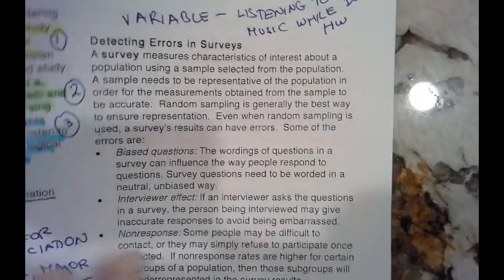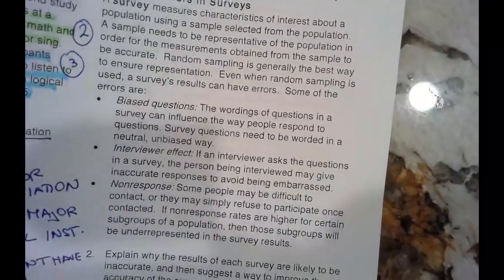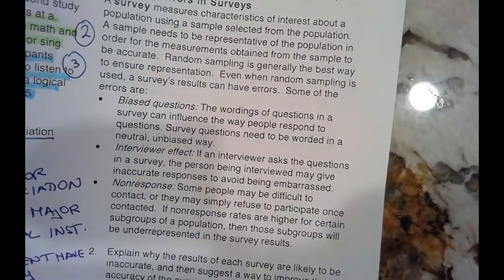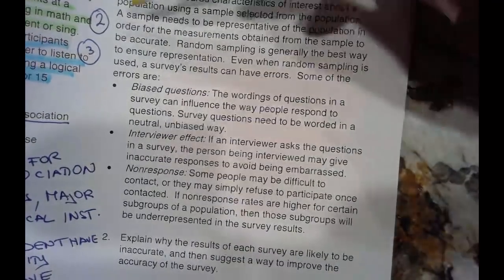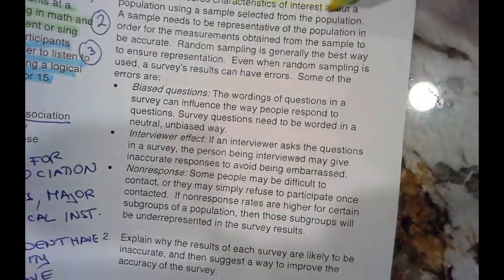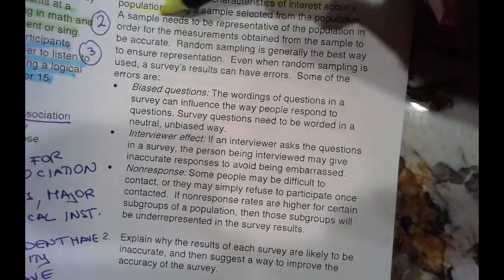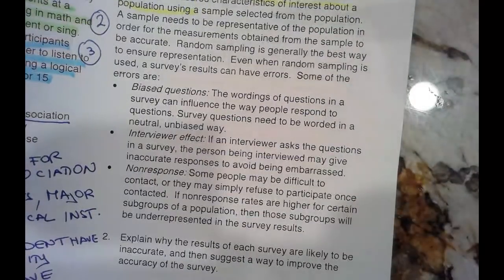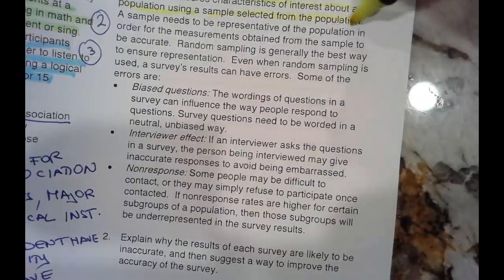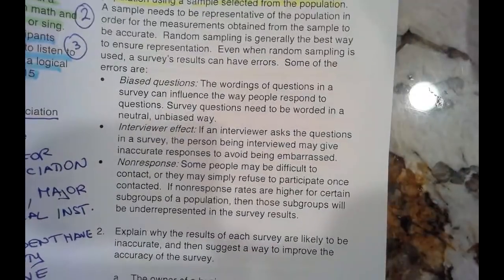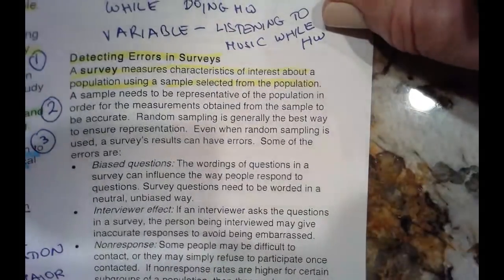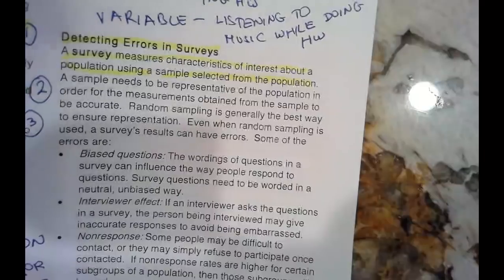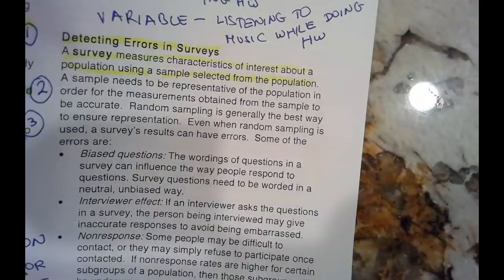Okay, moving on. We need to be able to detect the errors in surveys. A survey measures characteristics of interest about a population, and we're going to use samples selected from that population. It's very difficult to sample the whole population, so we always find samples and then try to draw conclusions about the whole population.